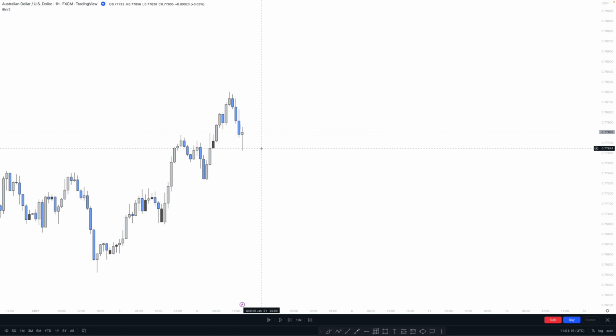So for me, for example, I don't say that continuations are not profitable. They are profitable, but when I personally calculate all the losses that I take with them, it just doesn't add up in my trade plan. You understand? So you need to think in all the aspects of your trade plan.